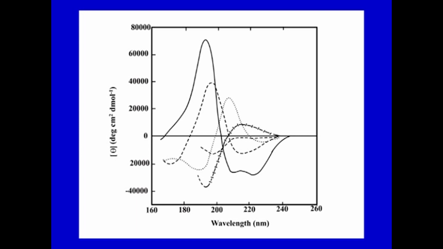For beta sheet it is also not so clear, but still at 218 nanometer. Then others are there, for 310 or random coil structures. This one, with dotted lines, is more of a beta turn type of structure. So, these are indicative of the kind of structures contained in a protein molecule.